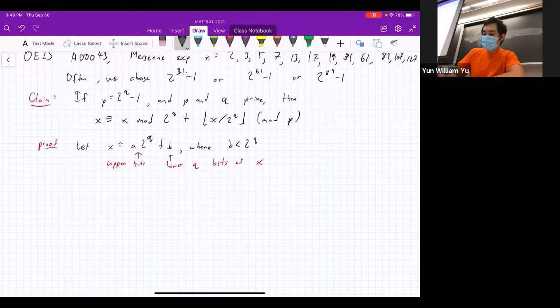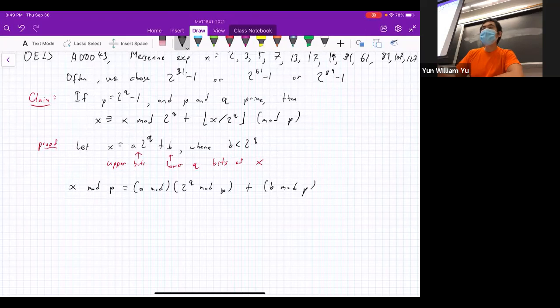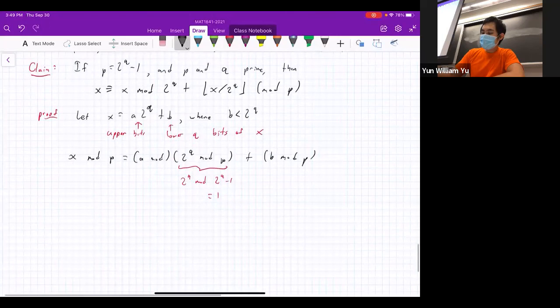Okay, and then it's pretty easy to show that x mod p is equal to a mod p times 2 to the q mod p plus b mod p, right? But what's 2 to the q mod 2 to the q minus 1? Well, this is just equal to 1. And so you're left with a plus b mod p.